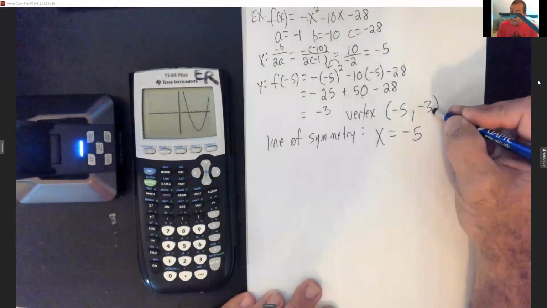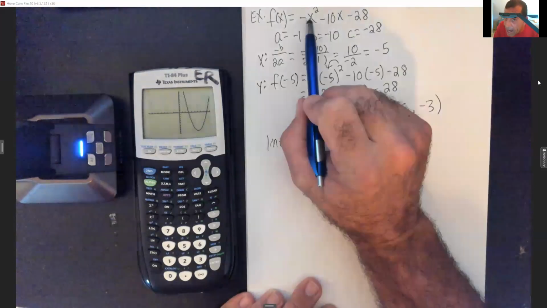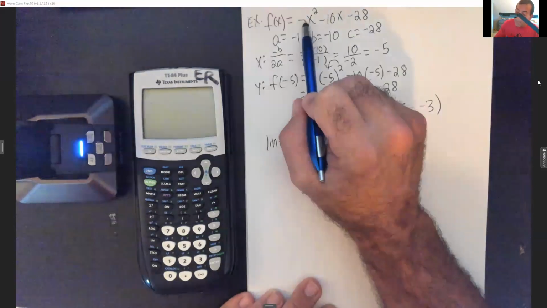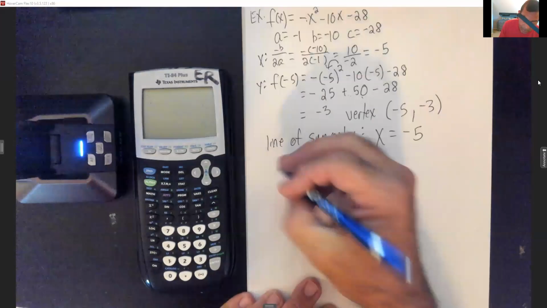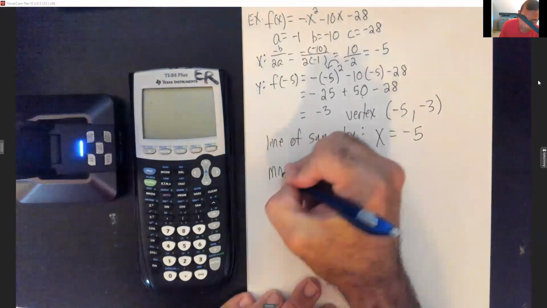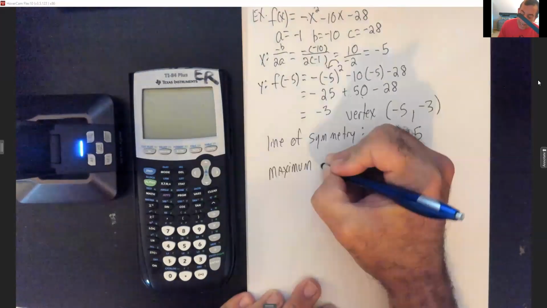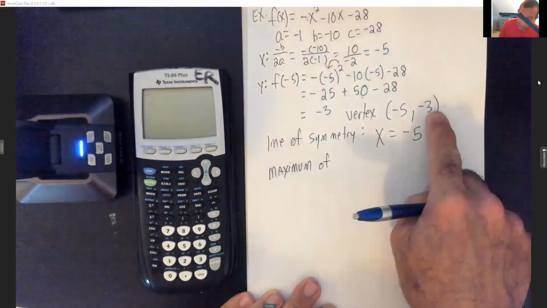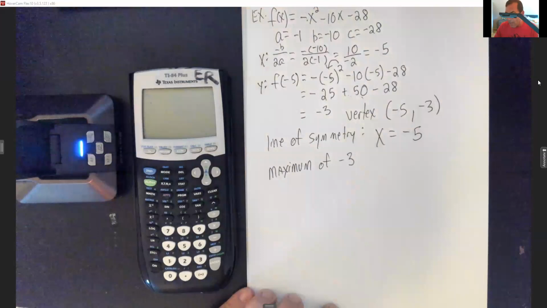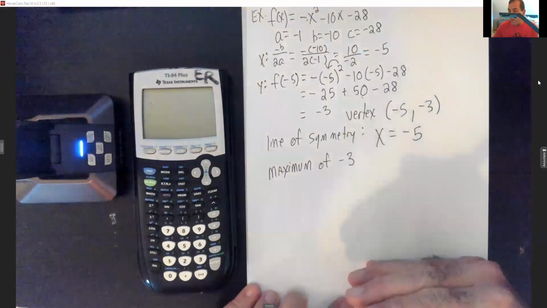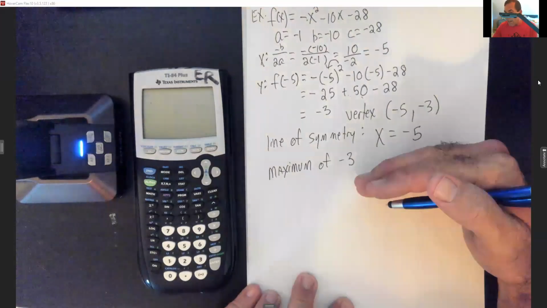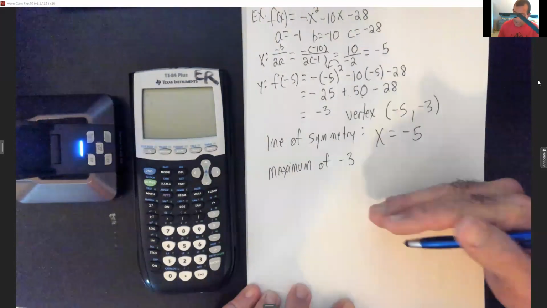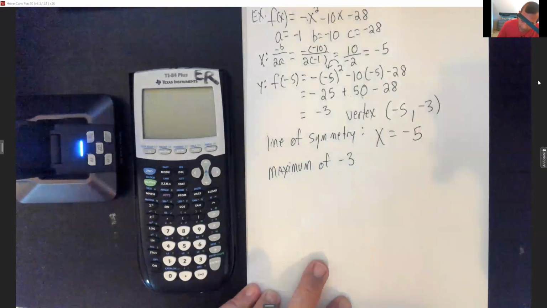This time, since the x squared is negative, I got a maximum value. And I got a maximum of negative 3. So that tells me this graph does not go above that negative 3 on the y-axis there, okay? All right, so let's see. Is that it? So let's graph it.